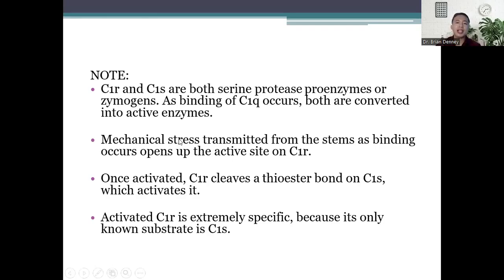And this mechanical stress induces or opens up the active site on C1r, causing it to become activated. C1r, when activated, causes now cleavage or proteolysis or activation of your C1s. And that is now the end of your recognition unit. What heralds the end of your recognition unit? Formation of activated C1s.